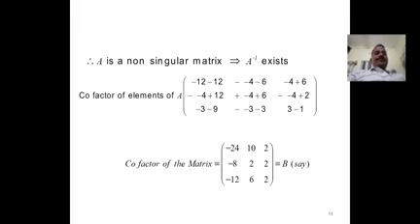Now after simplifying, you can get the cofactor matrix minus 24 minus 10 2, minus 8 2 2, minus 12 6 2, that is B, we can say as B.